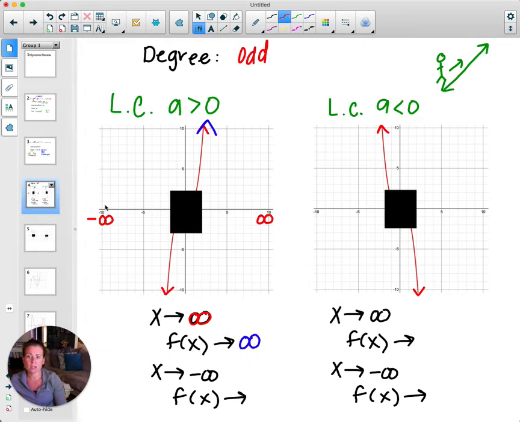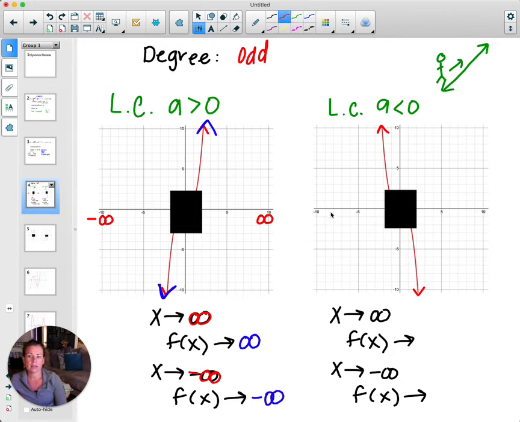And as x goes to negative infinity, meaning the left side of our graph, where is your function over here? Well, it's down. Okay, we see this arrow down. So if we could zoom out, we would see this is just way down here at negative infinity for the y values.